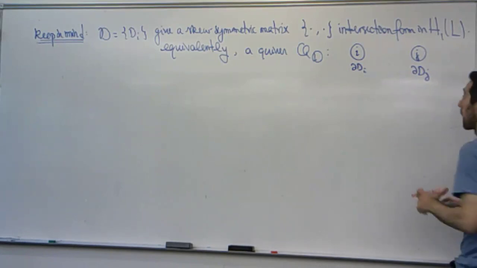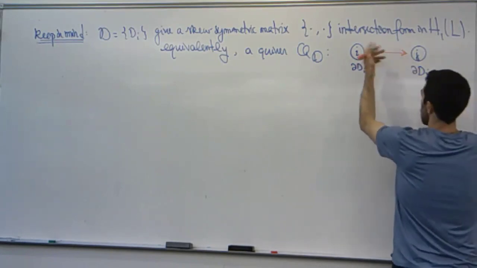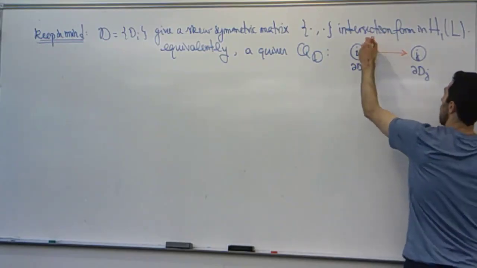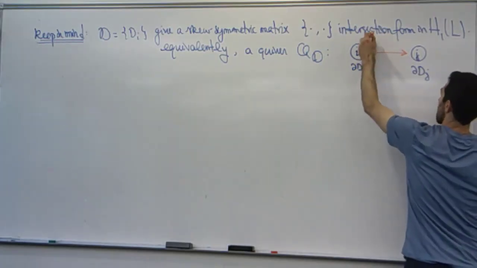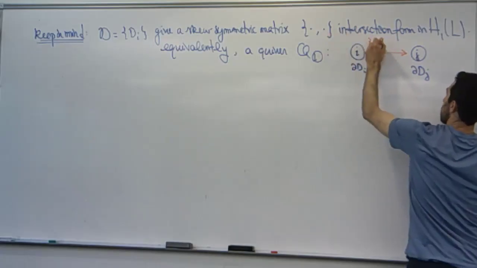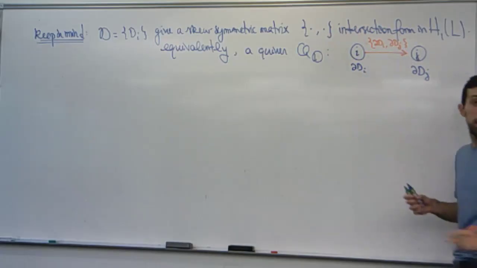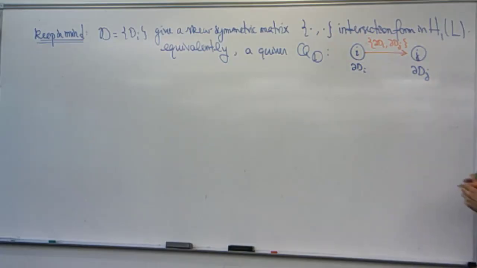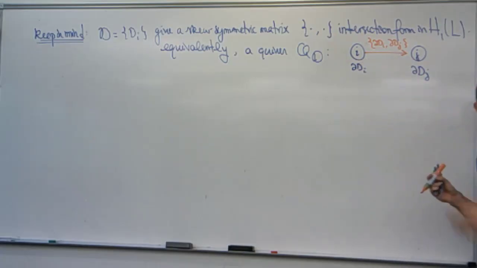And I'm going to put as many arrows as intersections I have. So this is an arrow, and you weigh it, you say 2 arrows, 3 arrows, by the number of intersections. To be fully precise, it's the intersection form between D_I and D_J. Because this is skew symmetric, notice that that's not the same as the number of arrows from J to I; it's minus that number of arrows.